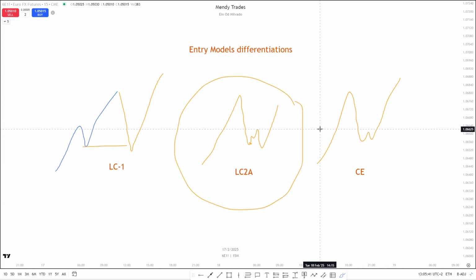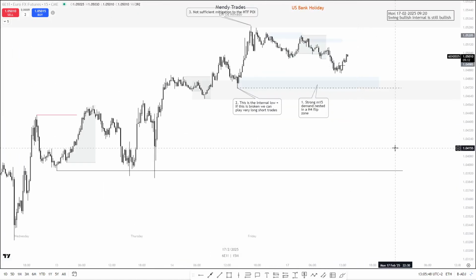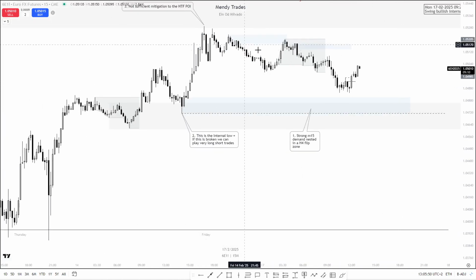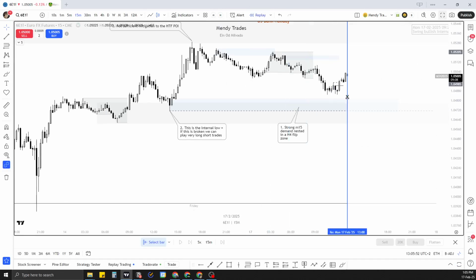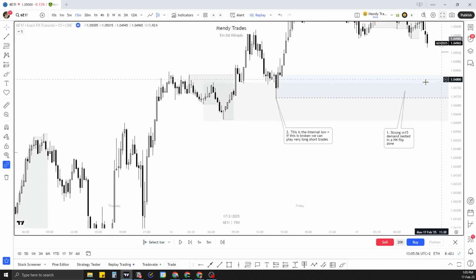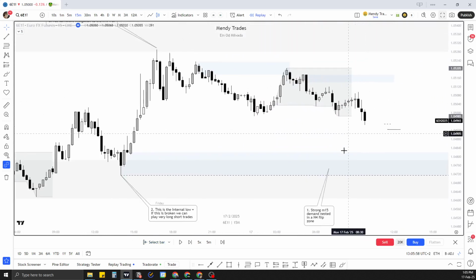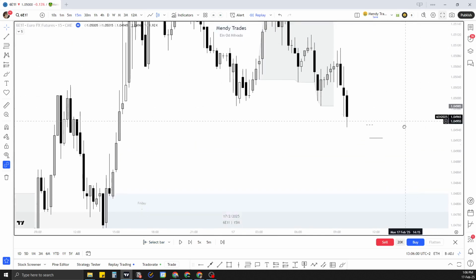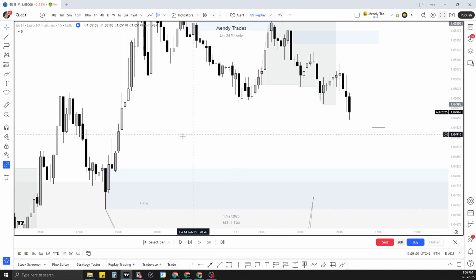Now let's go to the chart and see what we had this morning. I came to the chart around here, and first of all I wanted to see this POI mitigated.